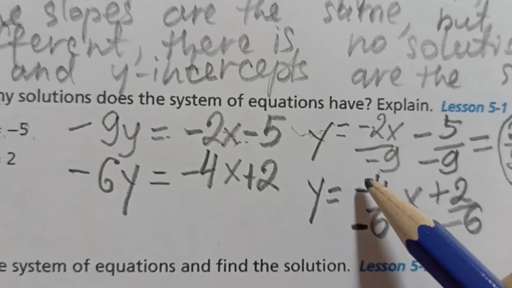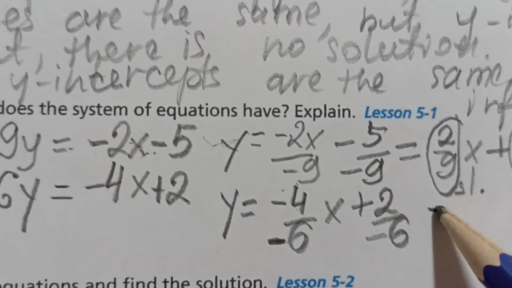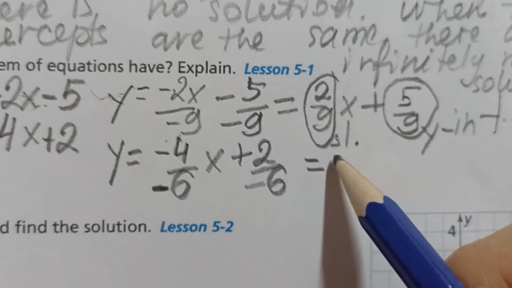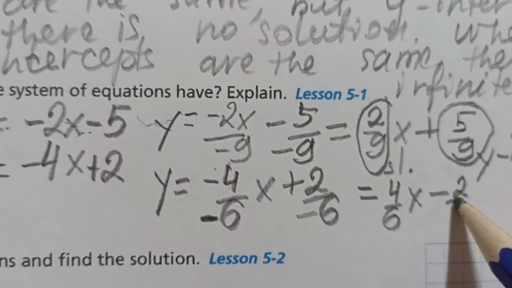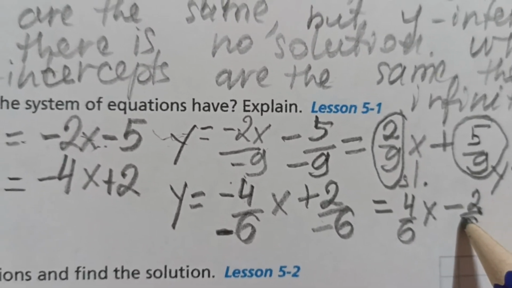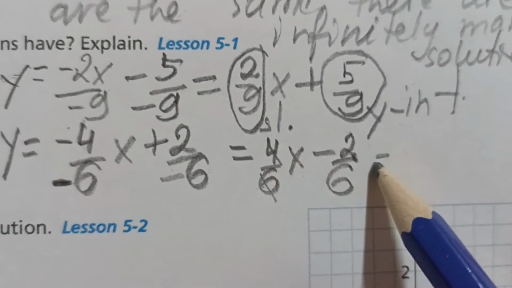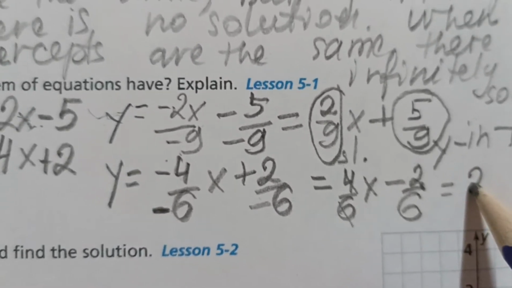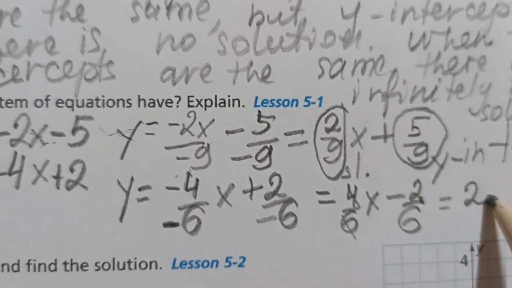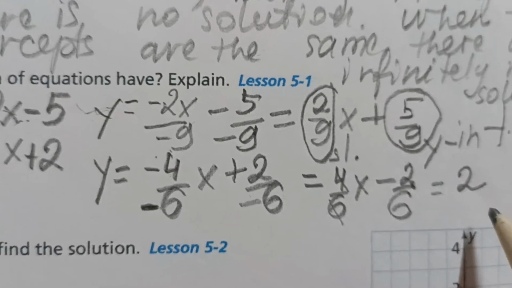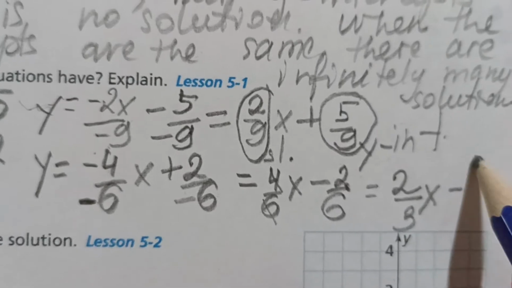Here we divide minus 4 by minus 6, and 2 by minus 6, and what we have is 4 over 6 x minus 2 over 6, and when you simplify this, you will get 2 over 3 x minus 1 over 3.